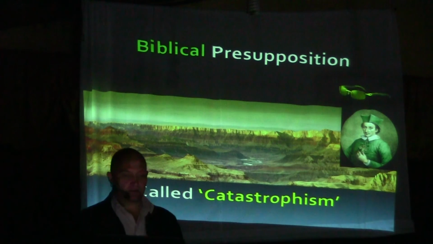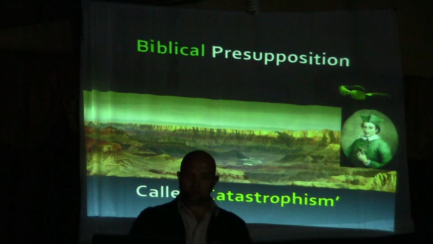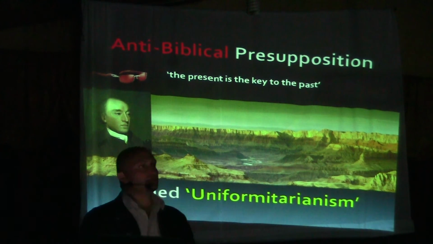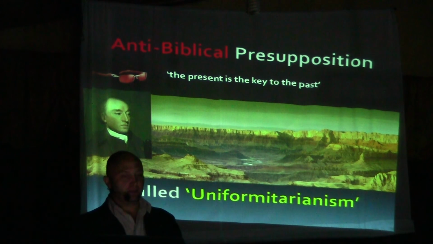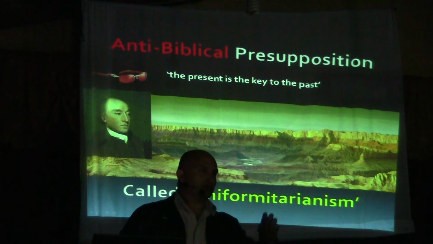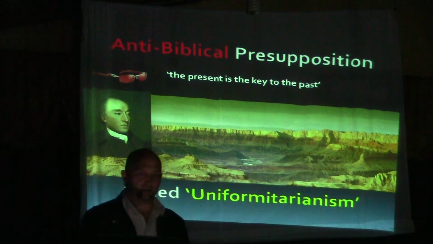No, certainly not. Okay, so on the one hand, we've got, let's call it the green glasses, the biblical presupposition, which is called catastrophism. And on the other hand, we've got the Bible doubters, we call them. They believe the present is the key to the past. The present rates of sedimentation and erosion are the key to explain the past. It's called uniformitarianism.